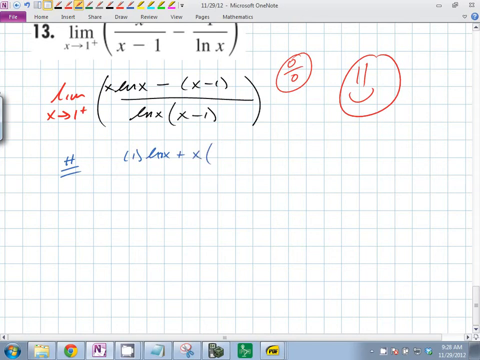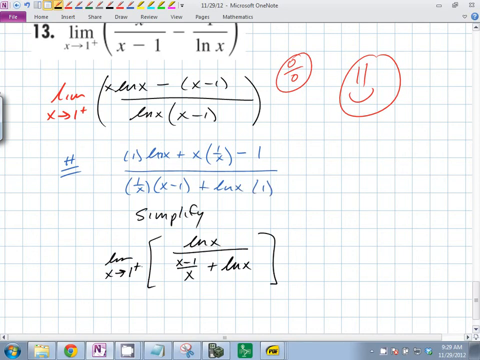And then minus what, if we take the derivative of the rest? 1. Thank you. And what's the derivative down here going to be? What are we going to have to use on the bottom? Product rule. The derivative of the first times the second plus the first times the derivative of the second. What's the derivative of x minus 1? 1. Does L'Hopital's rule apply here?